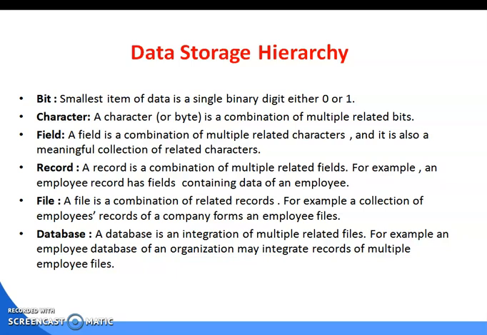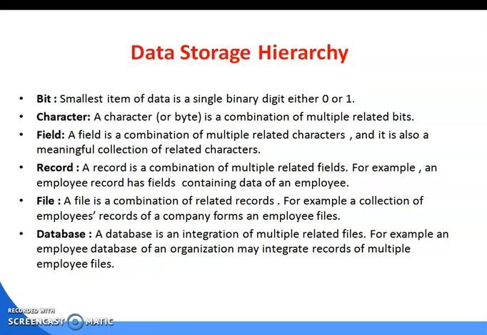Next is the field. A field is a combination of multiple related characters, and also a meaningful collection of related characters. When you form your file, there are fields like serial number. Suppose you make a table: serial number, roll number, the name of the student, the age of the student, and the percentage obtained in matriculation.